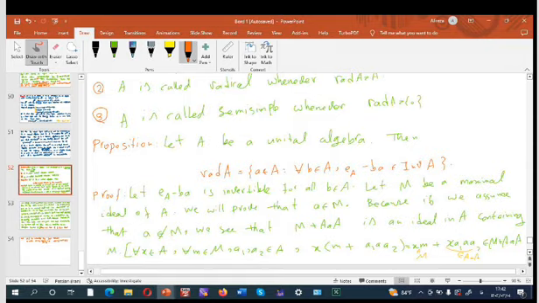If we have A not belonging to any maximal ideal, we have a contradiction.